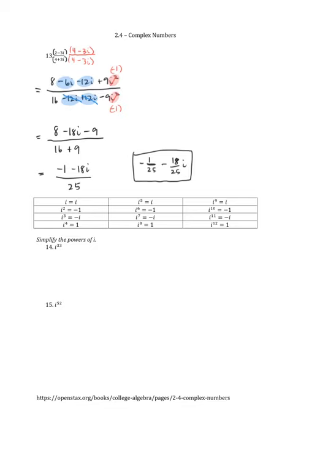So if you have powers of 4, right? So i to the 4th, to the 8th, to the 12th, the next one would be the 16th. So if your number is evenly divisible by 4, it's just going to be a 1. So that is what I usually try to look for. So what I want to do is break my number down into something divisible by 4.